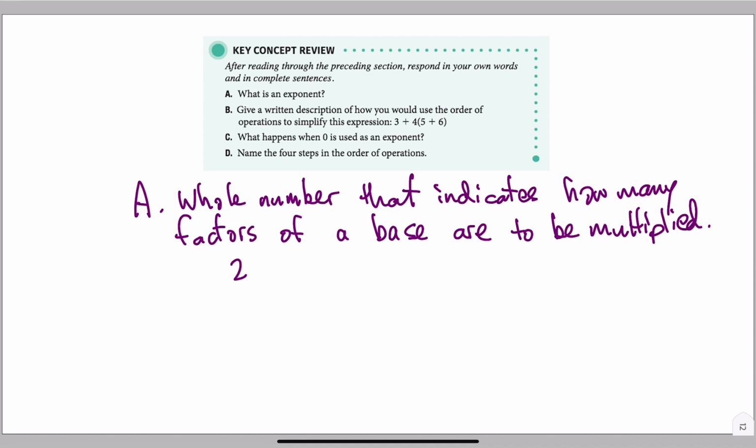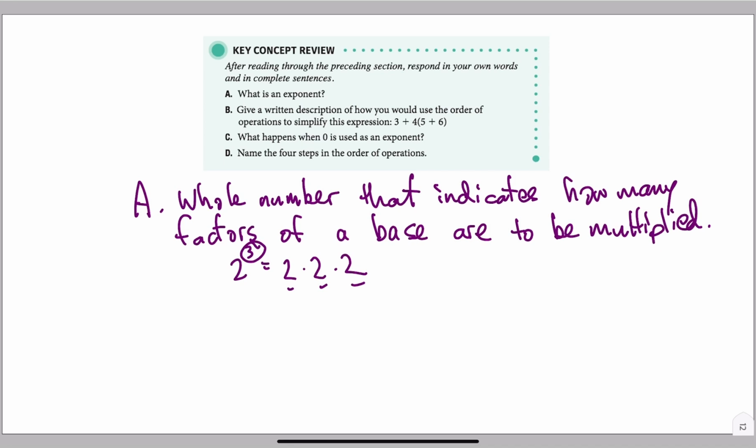And so in the case of something like 2 to the third power, or 2 to the exponent of 3, sometimes people will say 2 cubed, 2 times 2 times 2. The 3, the exponent, indicates how many, 1, 2, 3, how many factors, multipliers, of a base are to be multiplied together.